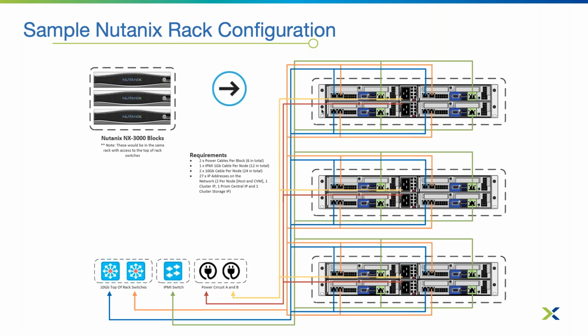They go to individual 10 gig top of rack switches. And then you have power circuits A and B, which power the blocks. They're NX3000 series blocks. And this is just something, you've got heavily dense switches at the top of the racks when you're using this kit. So it's worth making sure you have the space for that before you go and order a bunch of this stuff.